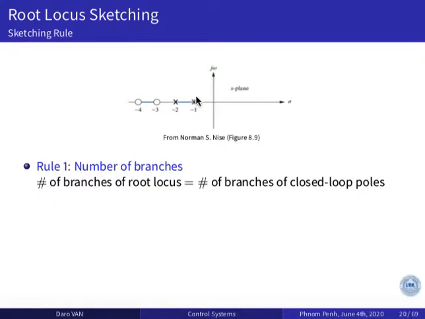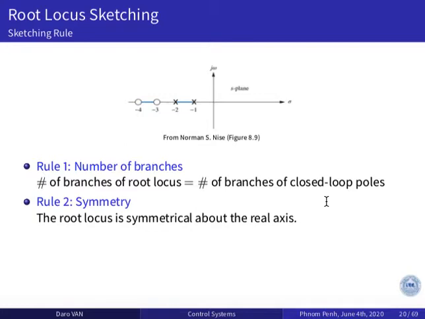The crosshair is the notation for the poles. There are 2 poles, and as you can see, there are 2 branches. We will get back to how to sketch later, but rule number 1 states that the number of branches of the root locus equals the number of closed loop poles.